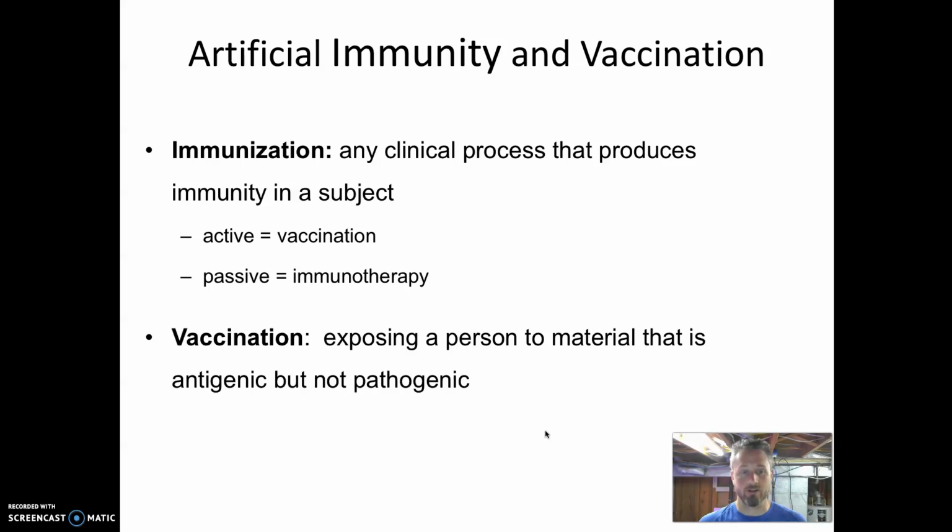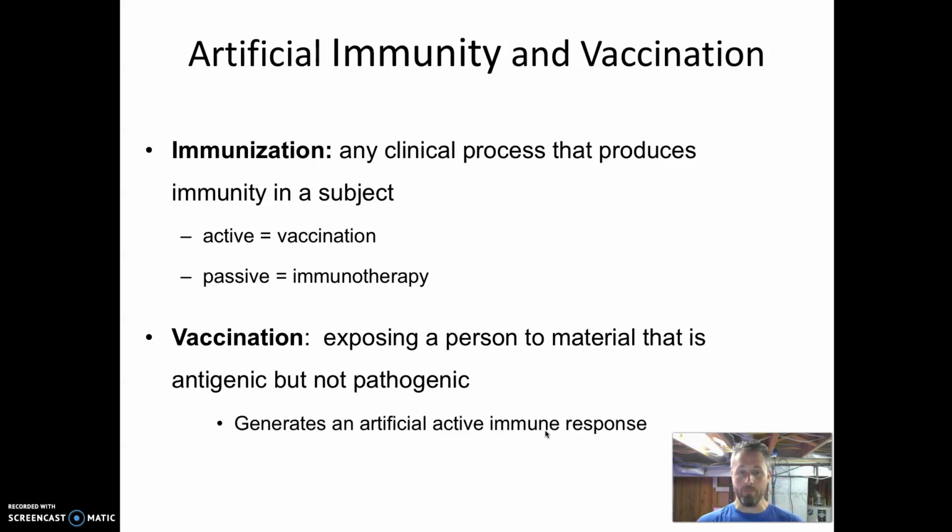So vaccination. Vaccination is when we expose a patient to the material that is antigenic, so the antigens of the pathogen. But that material is not pathogenic, so it cannot cause disease. And so we want to think about how do we create antigenic material that is not pathogenic, so that we can safely administer it to patients without putting them at risk of developing that disease.